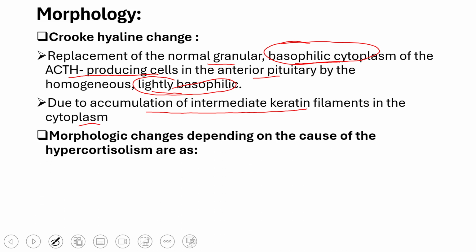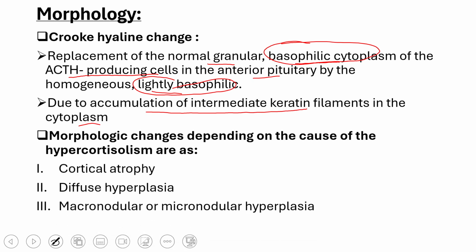And next, the morphologic changes depending on the cause of hypercortisolism are cortical atrophy and diffuse hyperplasia, or micronodular or macronodular hyperplasia. So such things can also be seen in the setting of Cushing syndrome.